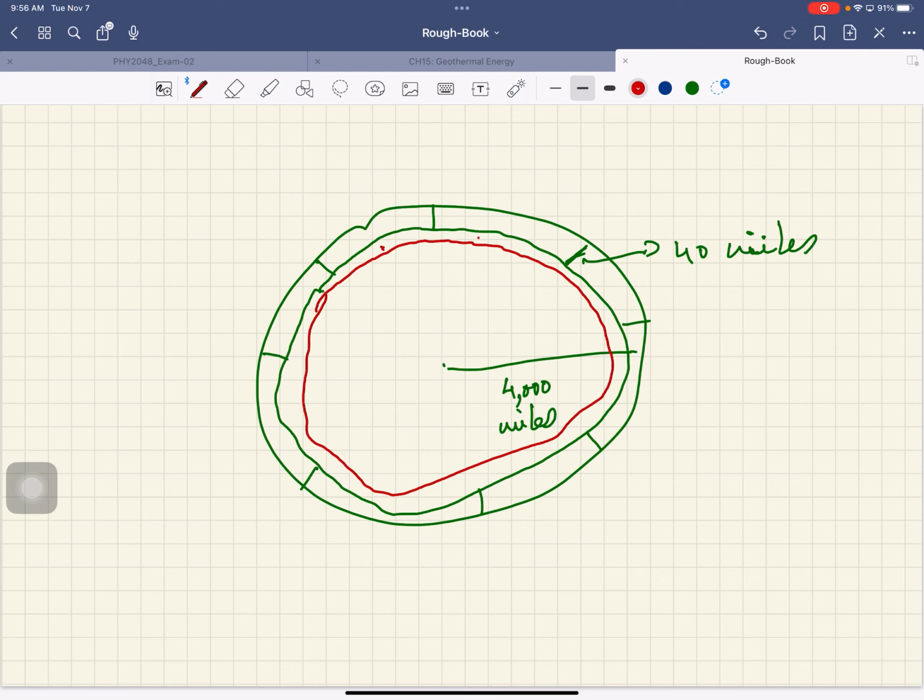This is the asthenosphere. Think of these plates as wooden pieces, and think of that as honey. So here are these wooden pieces floating on honey.